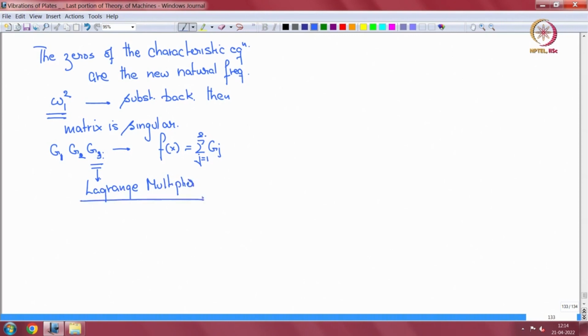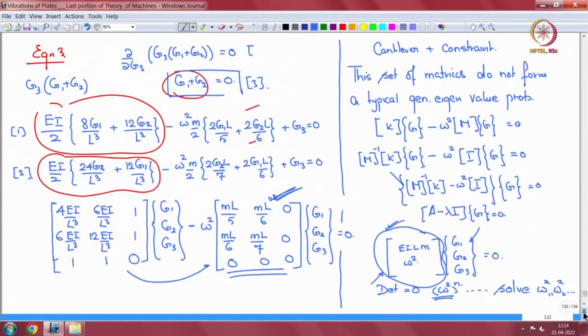The displacement itself is Gj into x by L to the power j plus 1. So the weights Gj are adjusted because of the constraint G3, and you will find that this displacement goes to 0 at the restraint. So it is not a typical generalized eigenvalue problem, but it is numerically solvable.